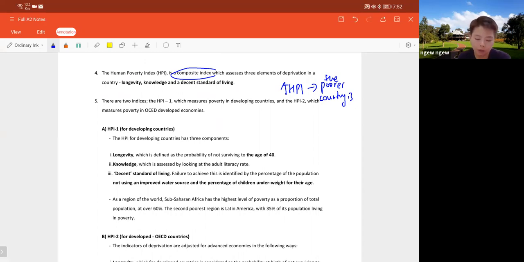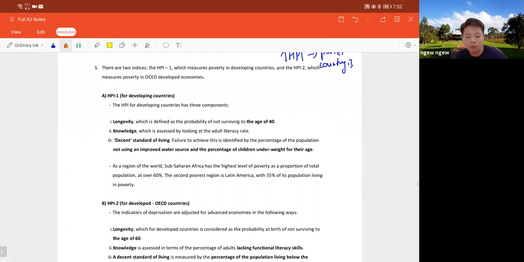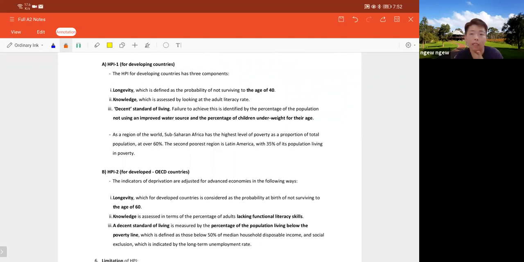Okay, now moving on, for the Human Poverty Index we also measure similar aspects as the Human Development Index: longevity, which reflects your healthcare; knowledge, which reflects your education; and decent standard of living, which reflects your GDP per capita. But for HPI, it is a bit tedious because before we start measuring, we need to group the countries under two categories first.